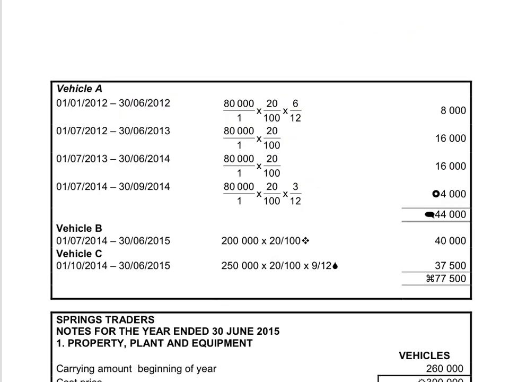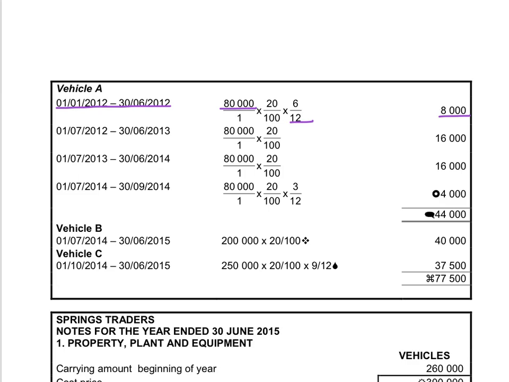Vehicle A was purchased on the 1st of January. The end of the financial year is 30 June. So in the first year, we only used the vehicle for 6 months, and the cost price was 80,000, so the depreciation was 8,000 rand.